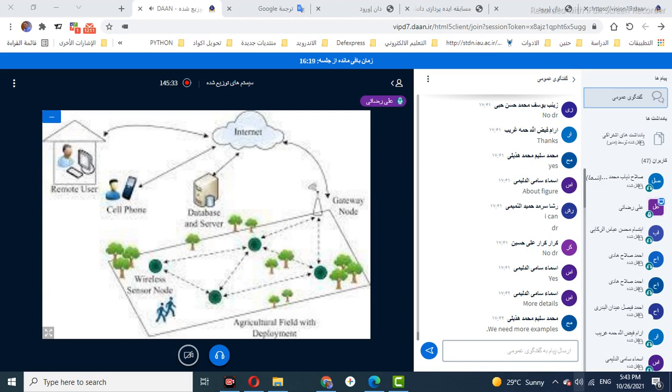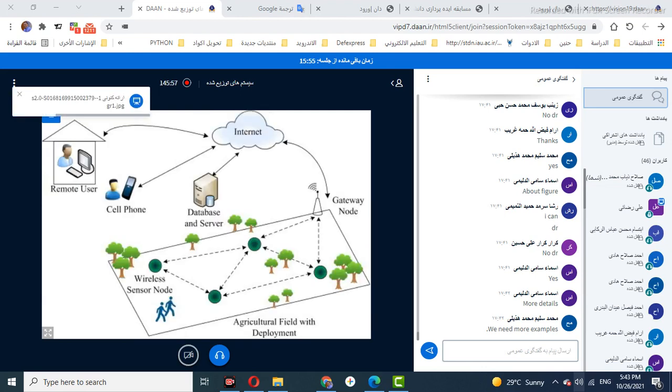I know it's not good. Oh, okay, I found another image that has better quality. Just a second. Okay, take a close look.